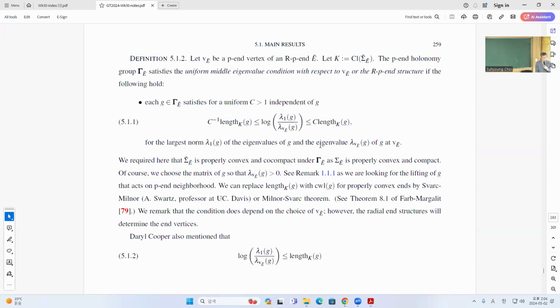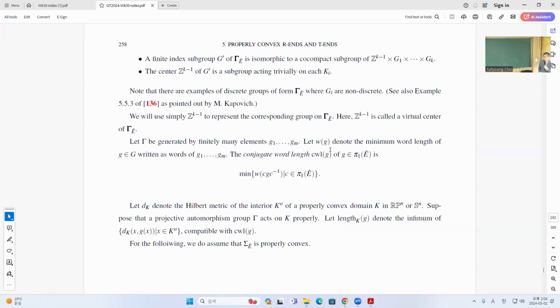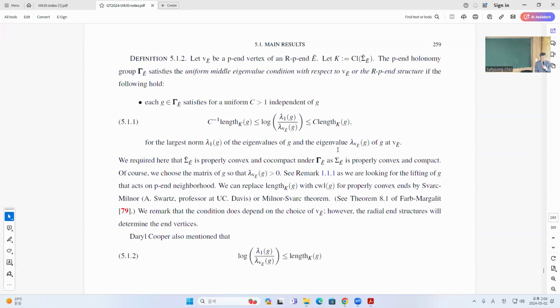But anyway, if you introduce this conjugate word length, this is true for any group. So you take any group and then you take the minimum word length of any of its conjugates. Okay, then that will be the conjugate word length. And then you can actually replace it with some conjugate length here.